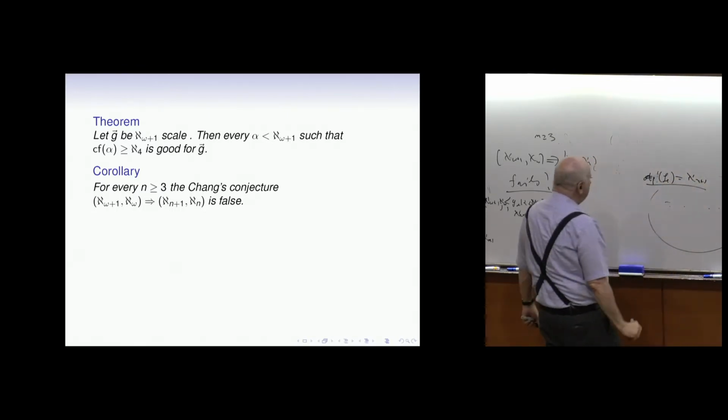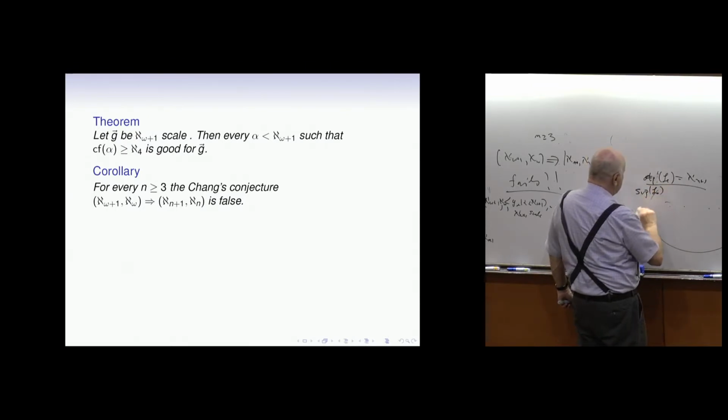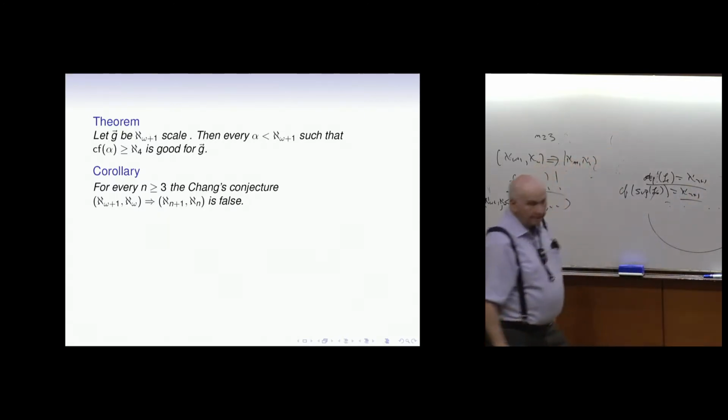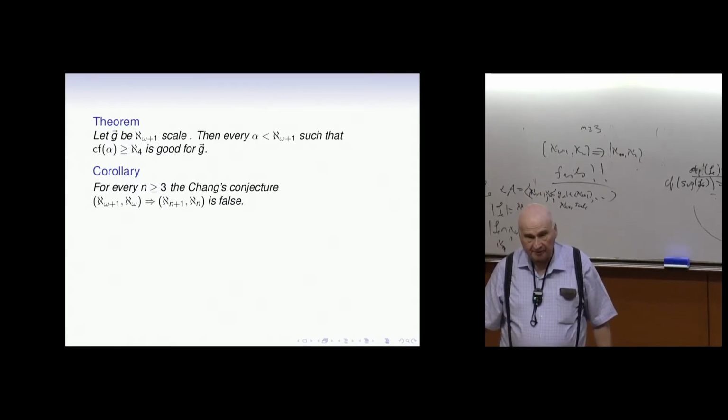But now you know, look at sup B. Sup B would have cofinality Aleph n plus 1. Because n is at least 3, that means that the point is good for the scale.